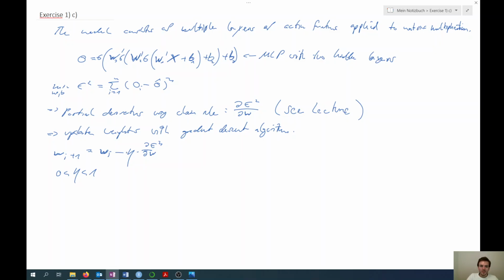But what we tend to do is use mini-batch training, which means that we slice our whole data set into subsets of the same size, maybe 40 observations, and then we train our network on these 40 observations.